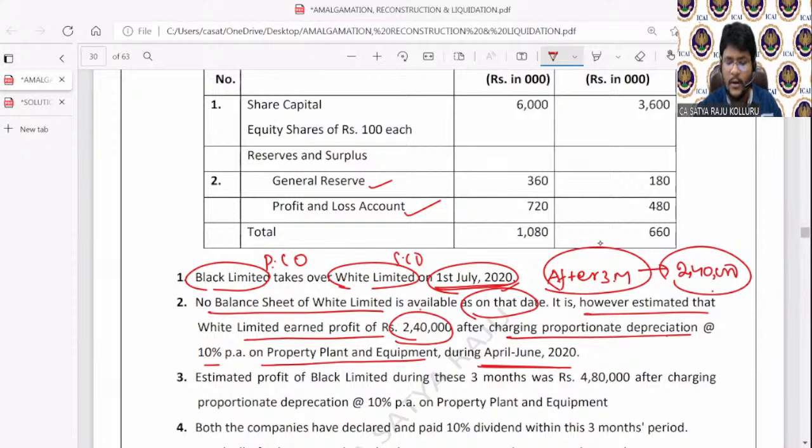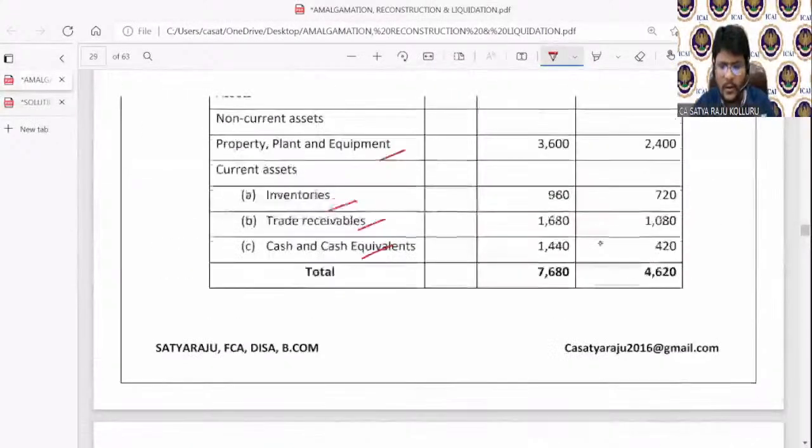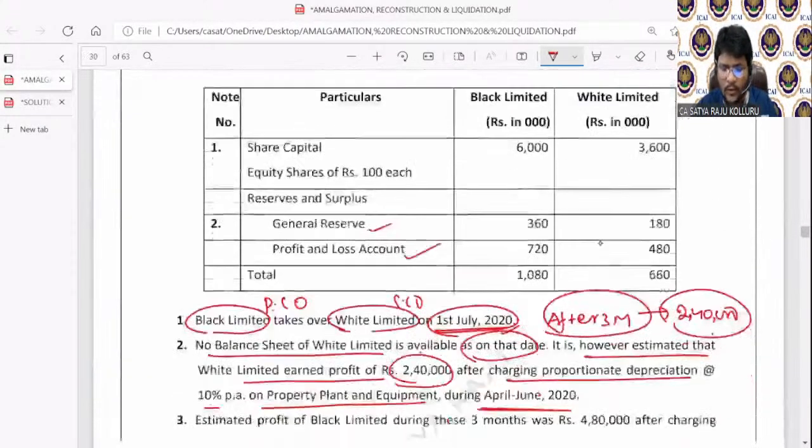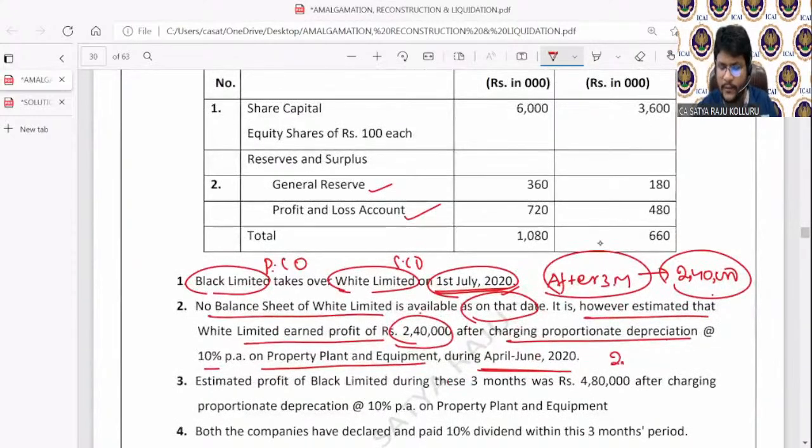Am I right? So can you please tell me, on property, plant and equipment, what is the amount of proportionate depreciation, guys? If you observe here, property, plant and equipment of White Limited is 2,400. All the rupees are in thousands, so I will also take the same figures. 2,400 into 10% into 3 by 12.